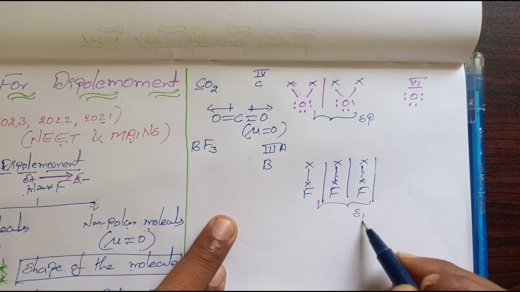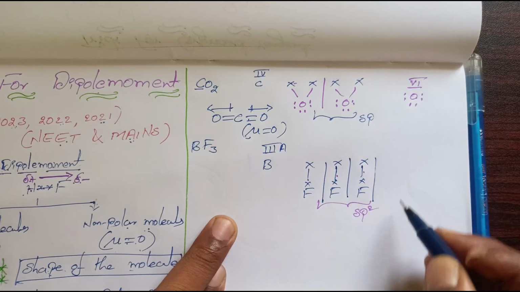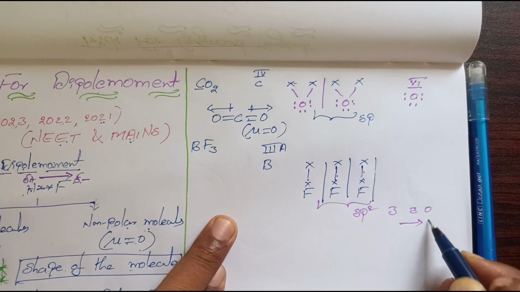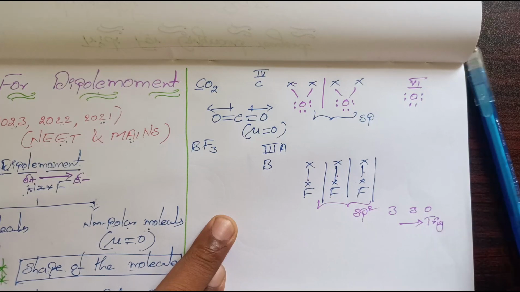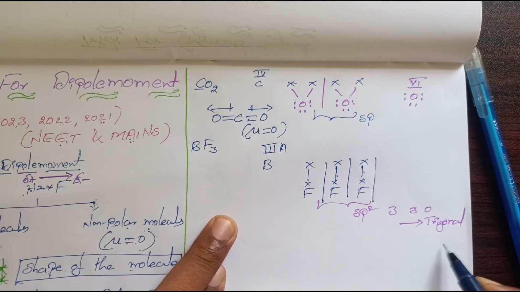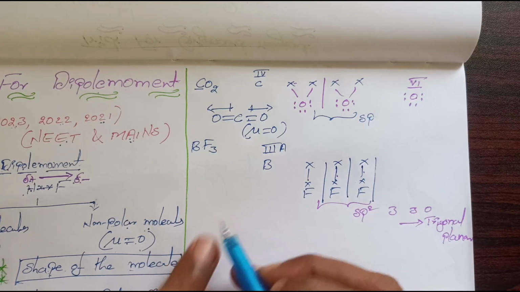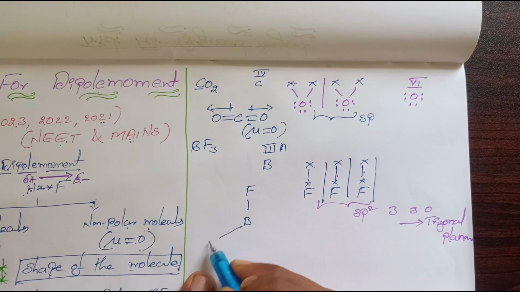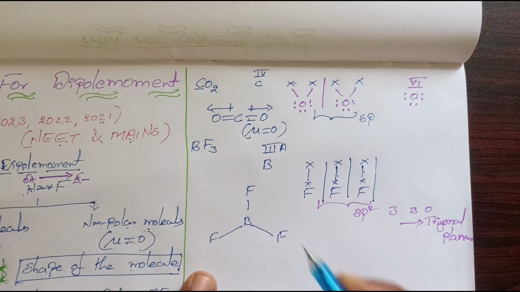What is the hybridization? sp2 hybridization. Total pairs 3, bond pairs 3, lone pairs 0. In this condition the shape is trigonal planar. Trigonal planar arrangement of fluorine, fluorine, fluorine.